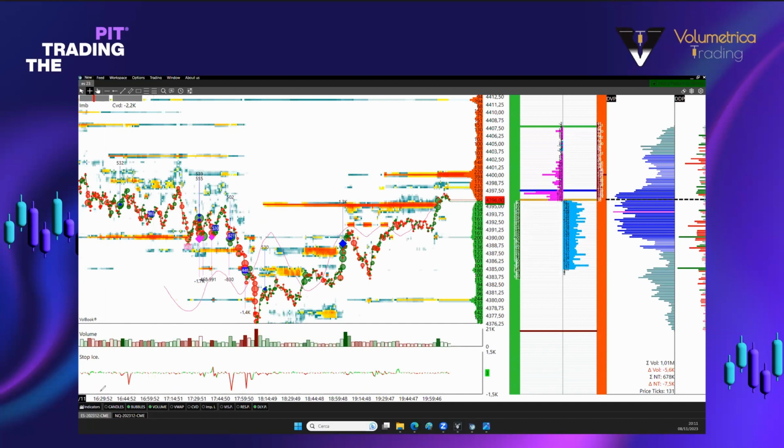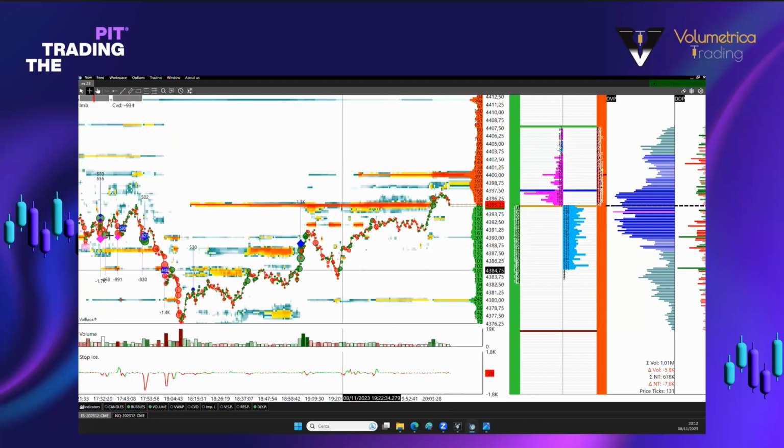Of course, on the horizontal axis, we still have time, so we can just look at this line and its evolutions to see where the price action is. And this line is accompanied by volume bubbles, which we will be talking shortly about.